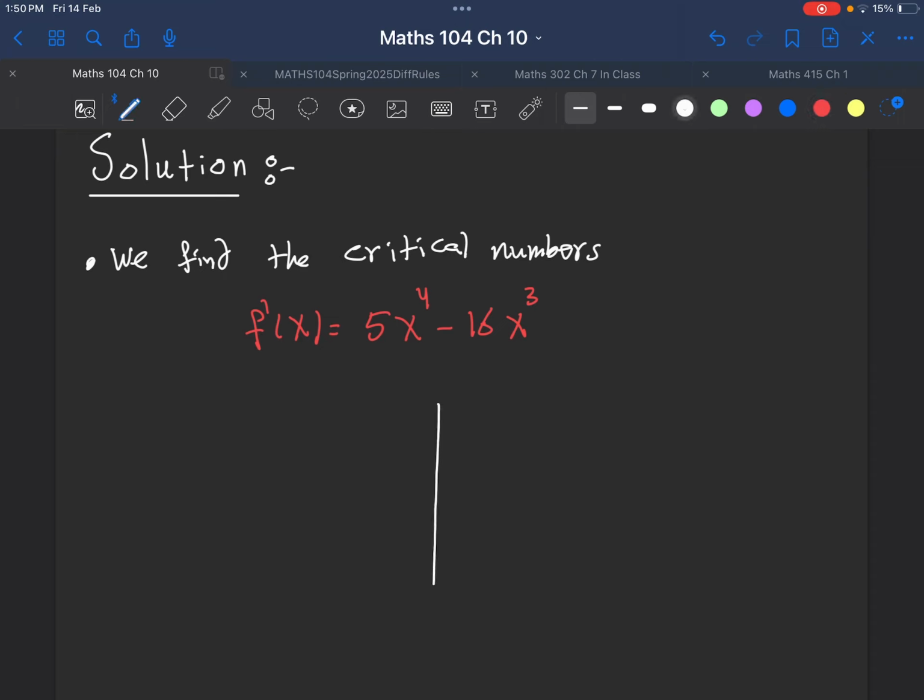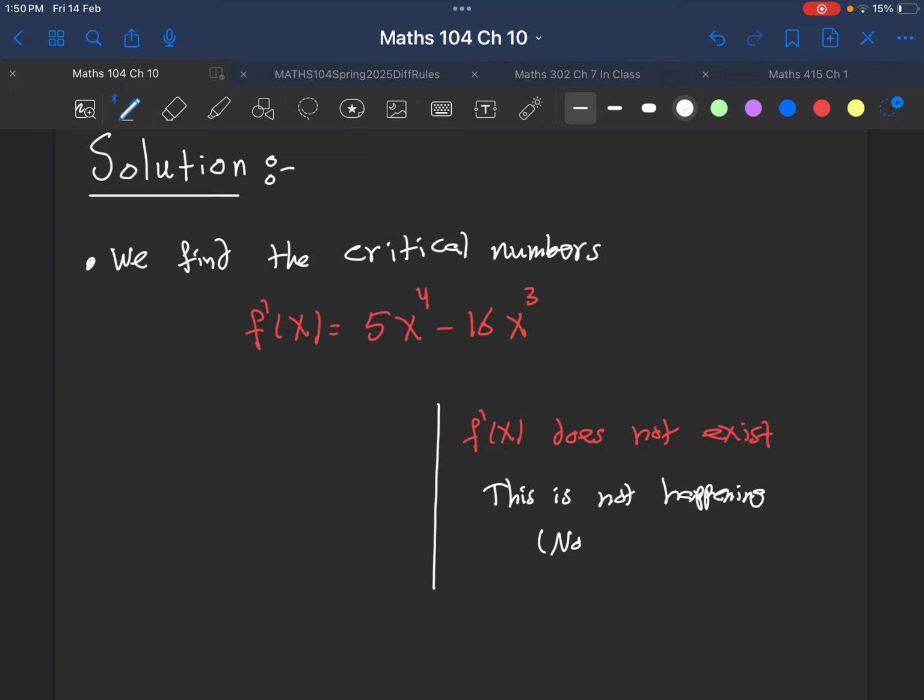And remember, in order to find the critical numbers, it is either the first derivative does not exist, it has a problem, which is not the case here because this is not happening. Why is this not happening?